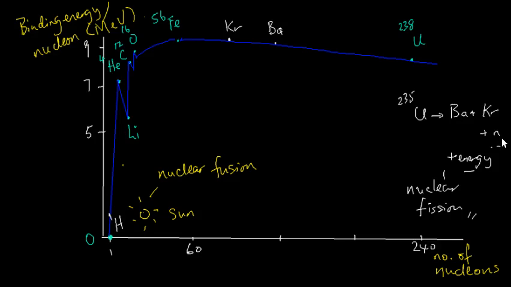So let me write that down in a bit more detail. Uranium-235. So this would be an example of nuclear fission. Uranium-235, that's 92 protons.